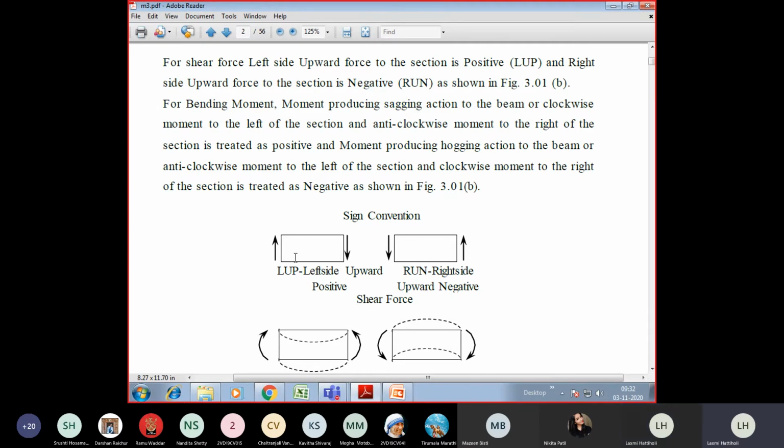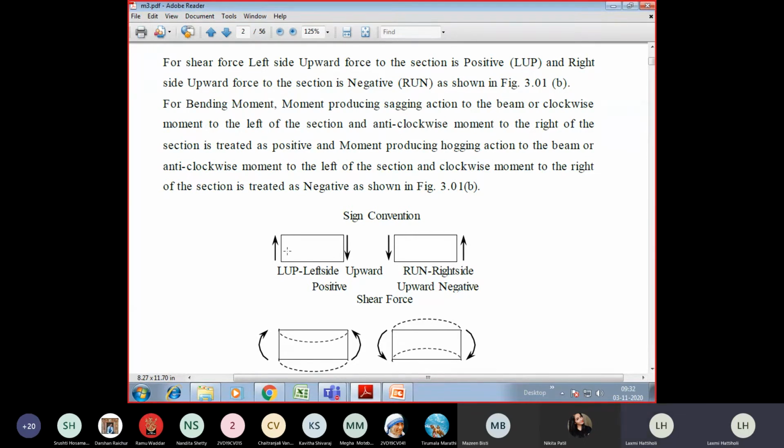Now, your sign convention says that whenever you are calculating shear force, I'm not talking of bending moment now, I'm talking about only shear force, concentrate carefully. Whenever you are using the sign convention for shear force, left side upward force will always be positive. And that is why it is LUP, left side upward positive.